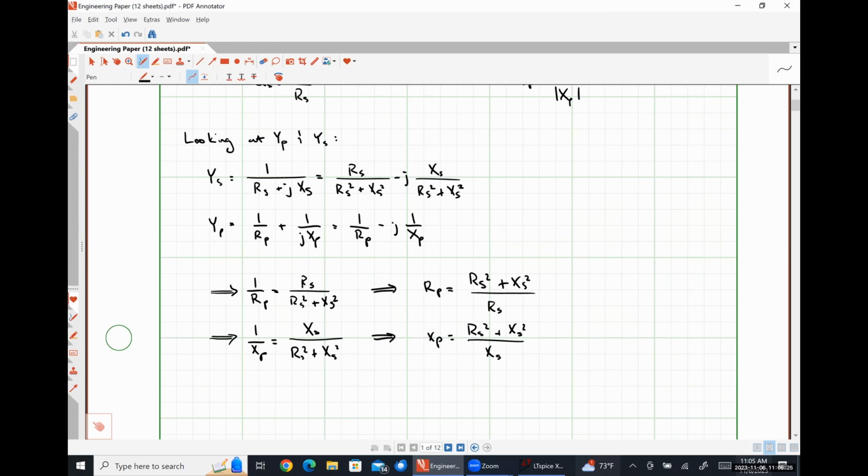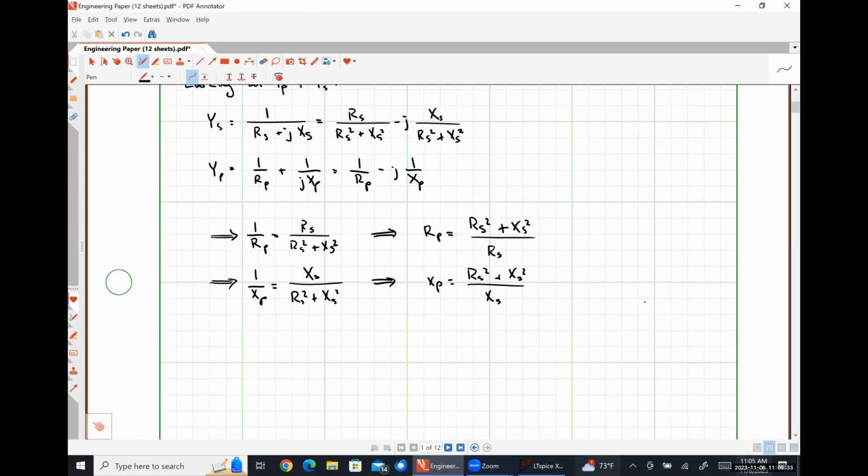So now let's look at the impedances and figure out the transformation for the other direction. If we look at Z_S and Z_P, we can see very easily that Z_S is just R_S plus jX_S.